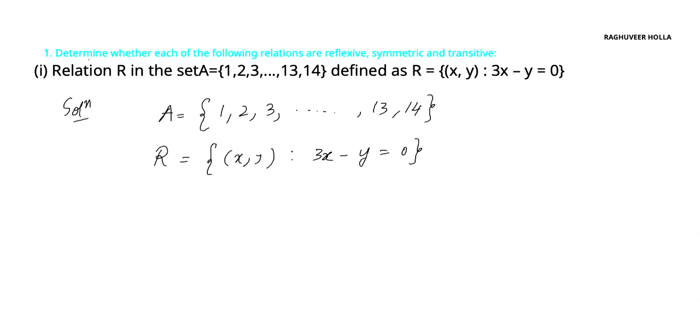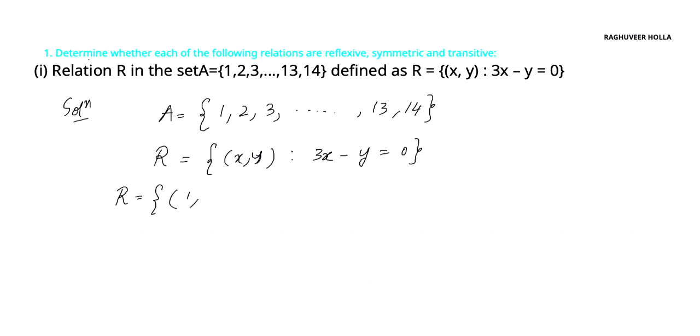So given that set A consists of 14 elements, 1 to 14, and the relation R, the ordered pair x comma y, is 3x minus y is equal to 0. Now let us write down R here. When x is equal to 1, you get 3, so it is 1 comma 3.